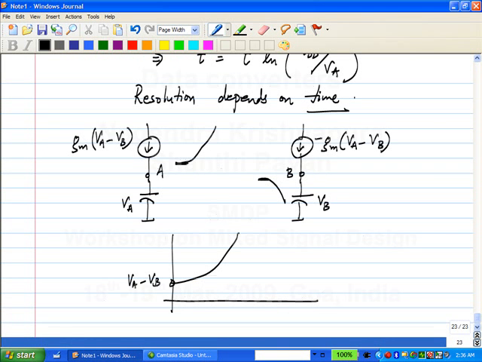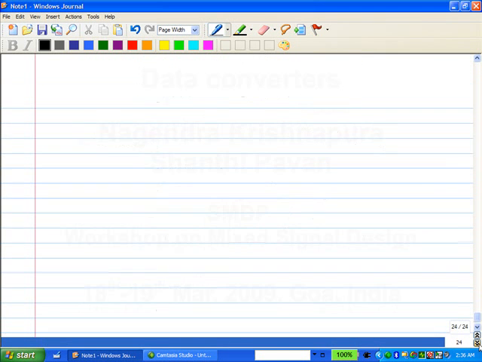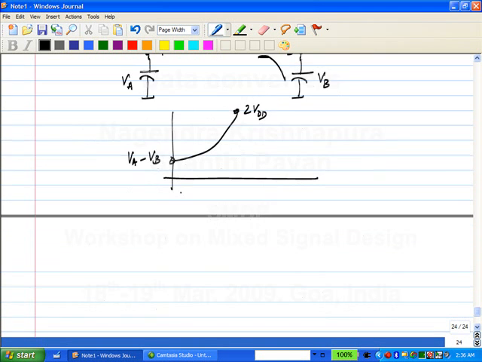So eventually the difference will saturate to 2 VDD. Correct? By the same token, if VA minus VB is negative, what will happen? It will also increase exponentially in magnitude, but it will go towards minus 2 VDD.